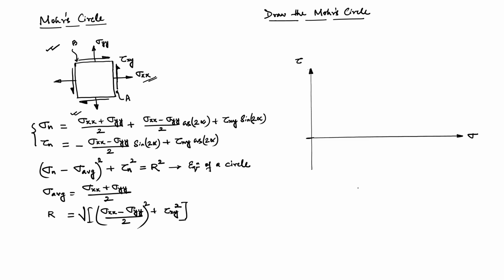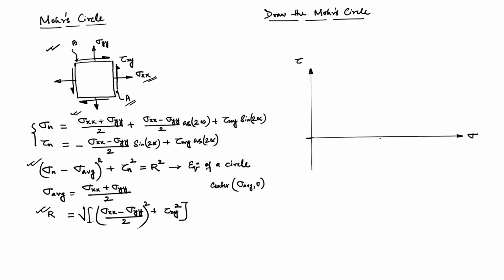So, we will mark the point which defines the plane A. That we will do in a minute, but before that carefully look at this expression of equation of the circle. So, the center of the circle is sigma average comma 0, right.